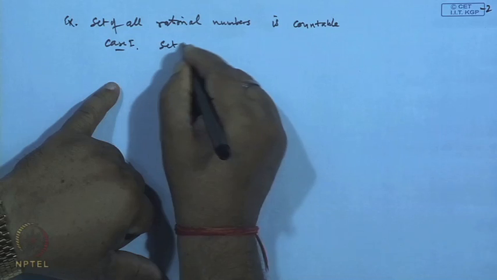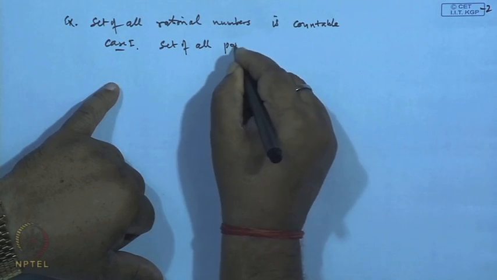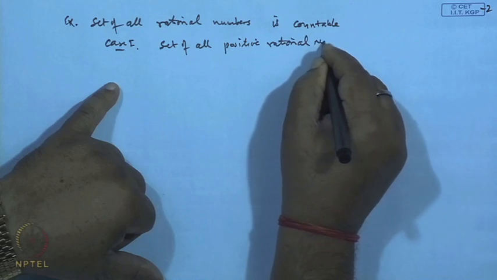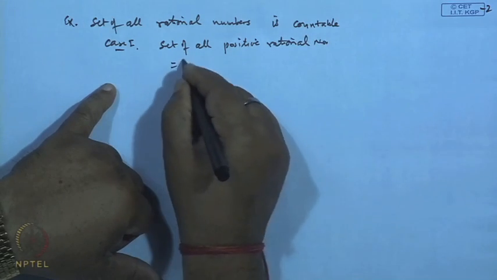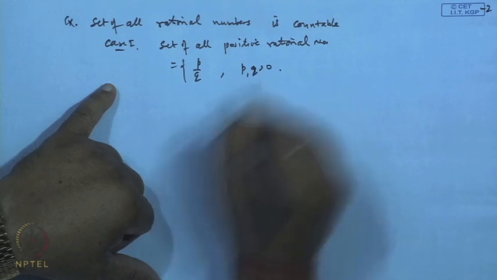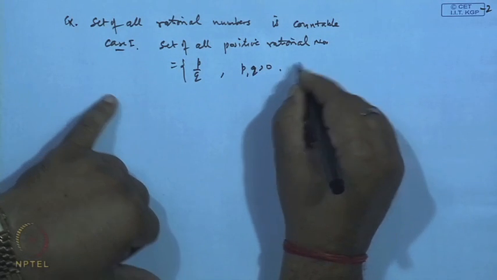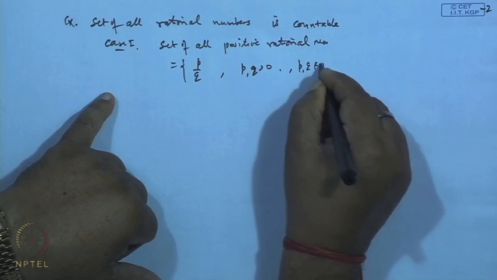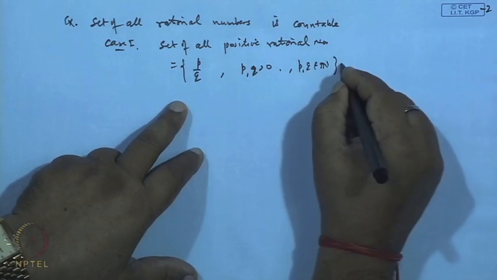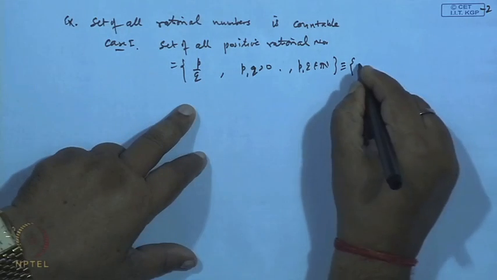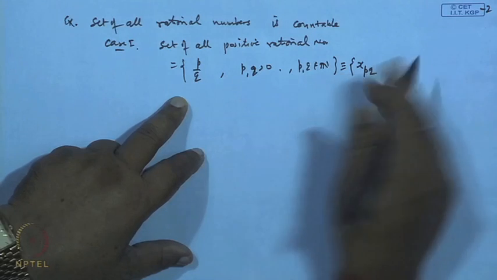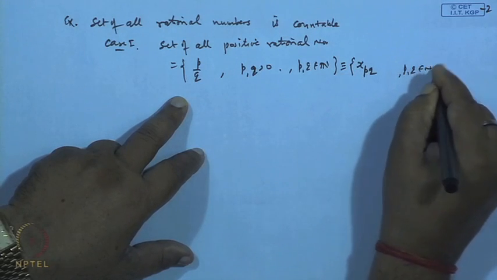Suppose I take the set of all positive rational numbers, that is, it will be of the form p by q, where p and q are both positive integers, natural numbers. So, basically this is of the form of a sequence p by q, where p and q are natural numbers.